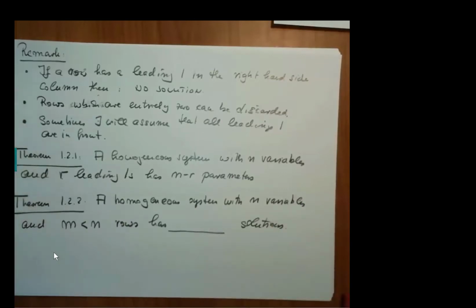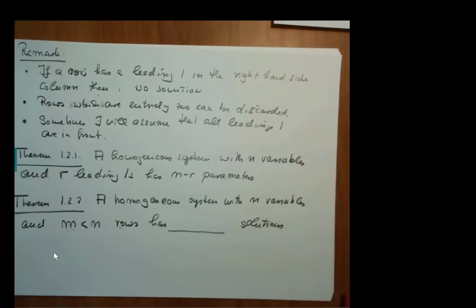When you think about this, imagine n is 3, and only m rows, but m is smaller than n. So let's say 3 variables and 2 equations.